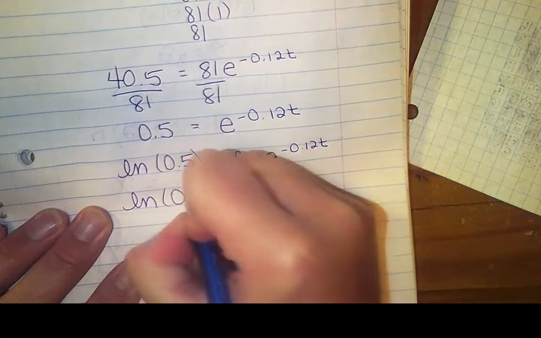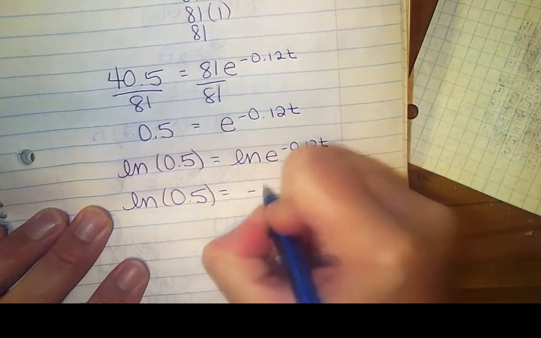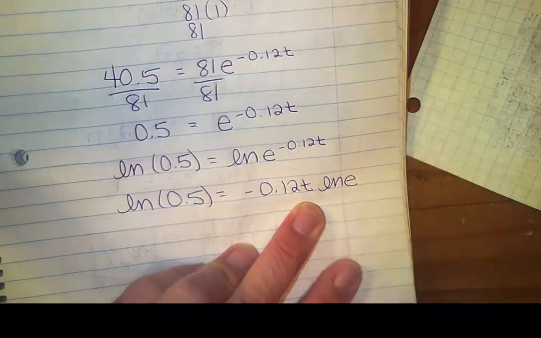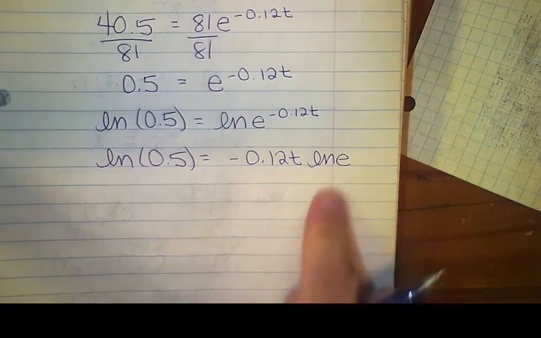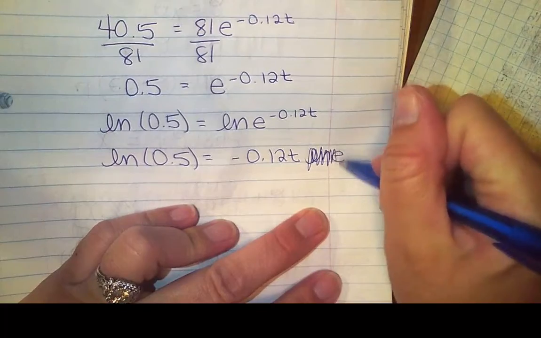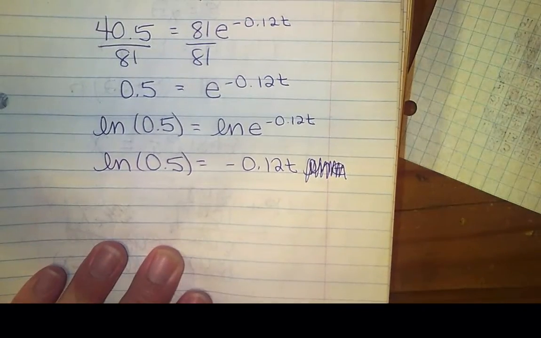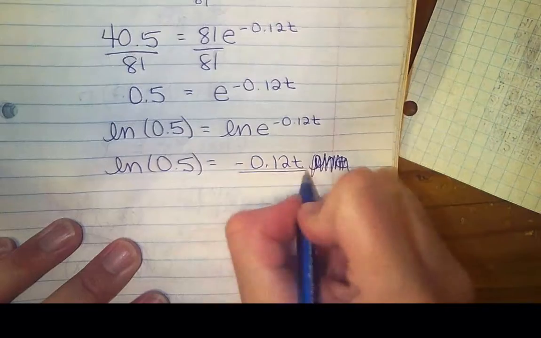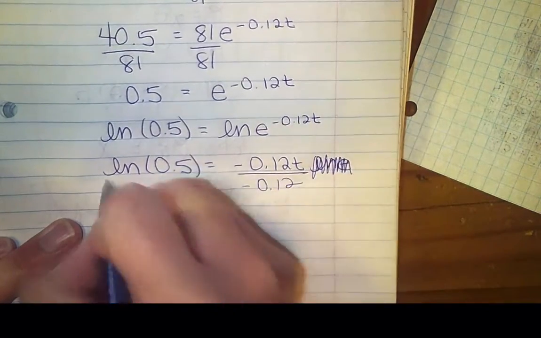So I've got the natural log of 0.5 equals negative 0.12 t times the natural log of e. And what have I learned so far? The natural log of e equals 1. And 1 times anything is itself, so now I just need to get t by itself. Divide both sides by negative 0.12.